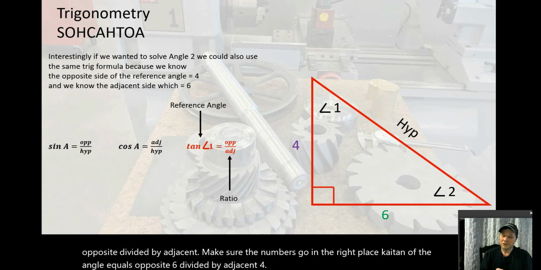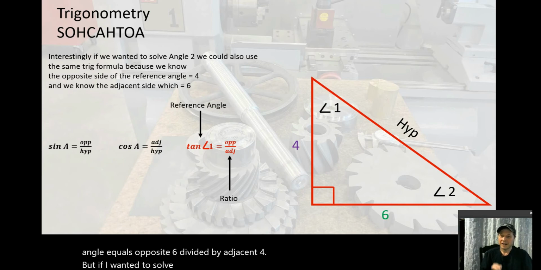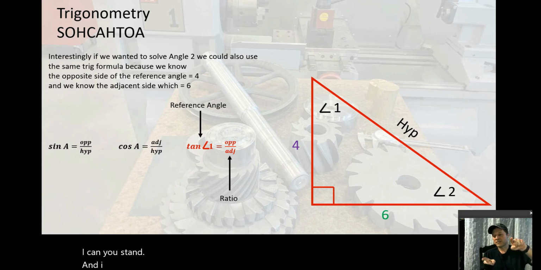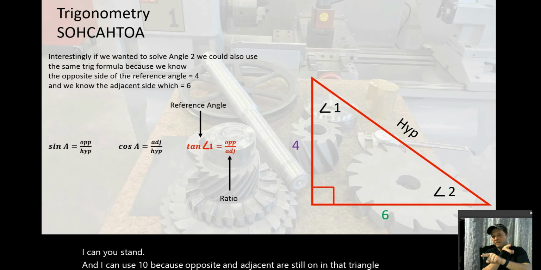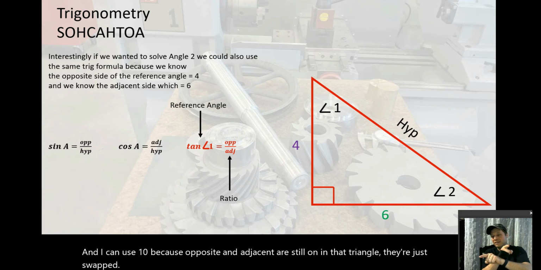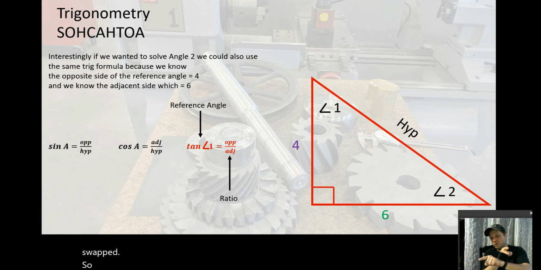But if I wanted to solve angle 2, I can use tan, because opposite and adjacent are still in that triangle. They're just swapped. So tangent of angle 2 equals opposite 4 divided by adjacent 6.